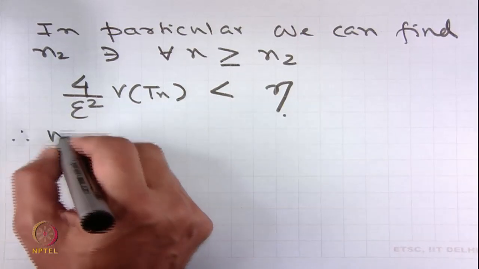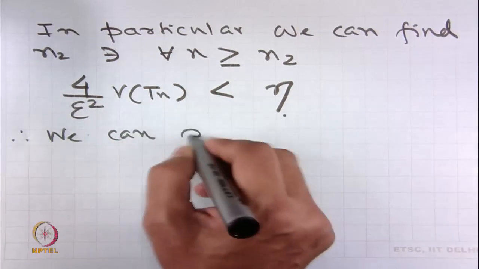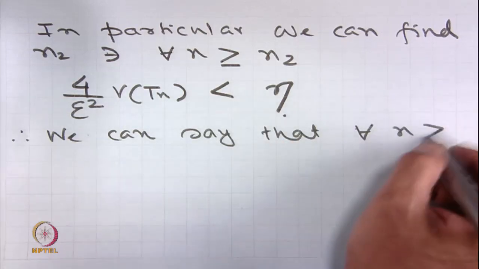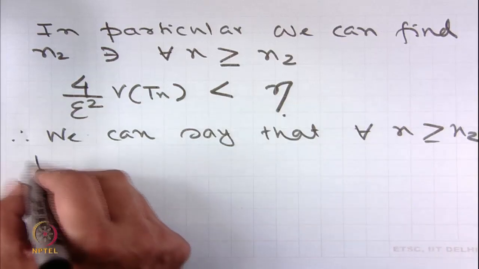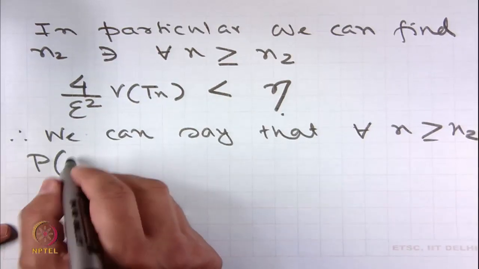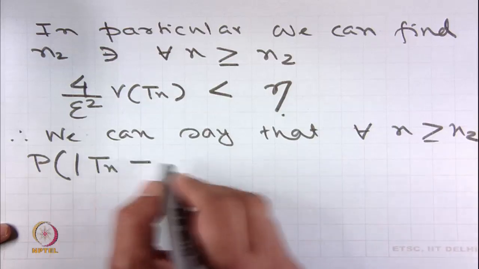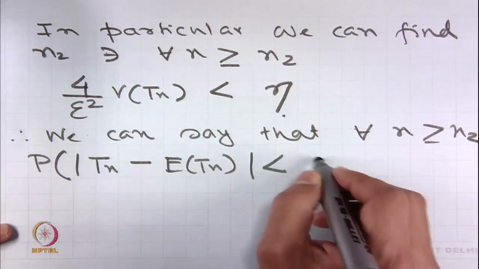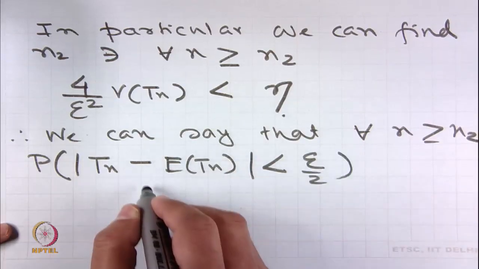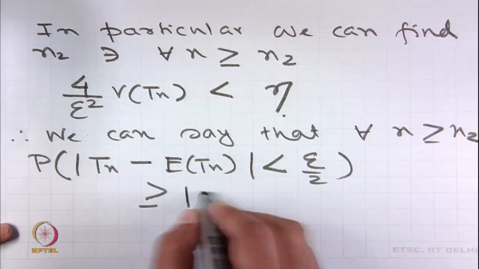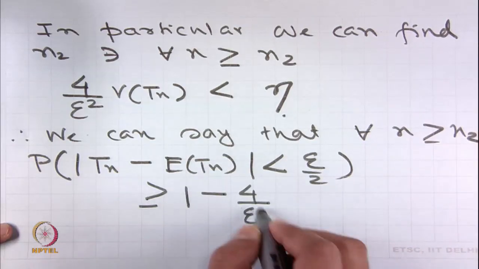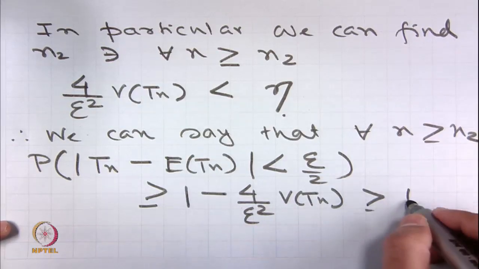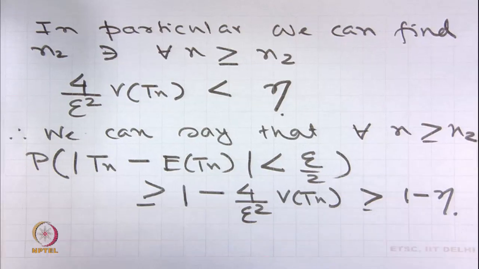Therefore, we can say that for all n greater than or equal to n2, probability modulus of T n minus expected value of T n less than epsilon by 2 is greater than or equal to 1 minus 4 by epsilon square into variance of T n, which is greater than or equal to 1 minus eta.